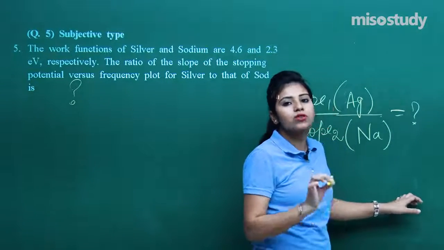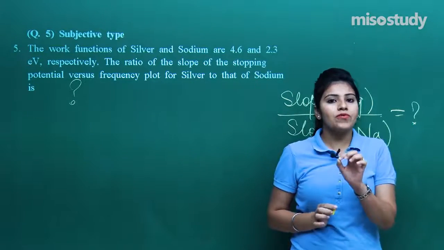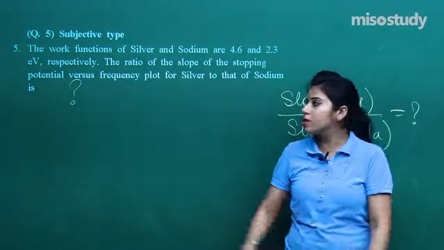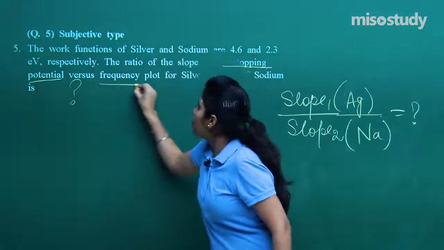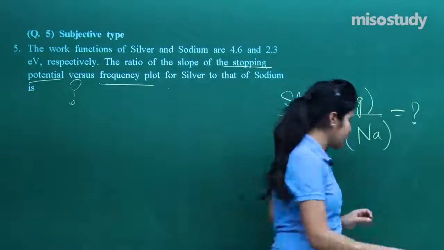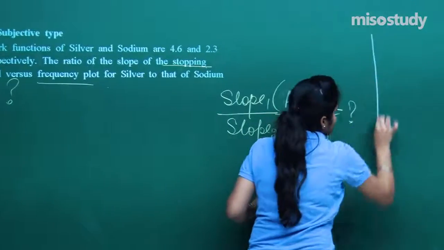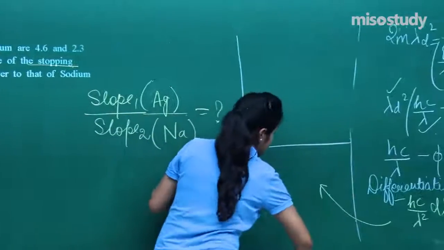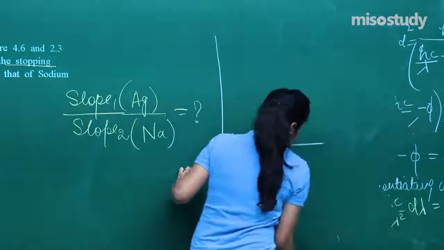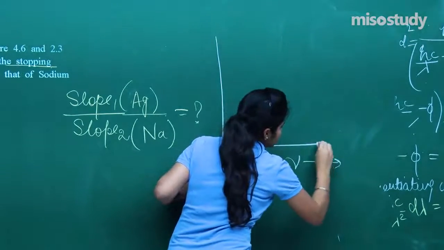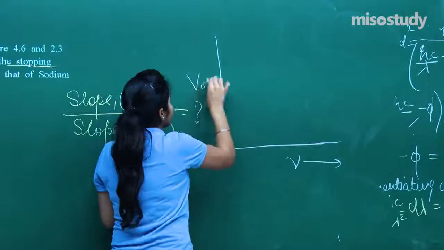Now to start this question, we know that if we are going to plot a graph between the stopping potential and frequency, the graph will be like this. Suppose this is your frequency versus stopping potential graph.